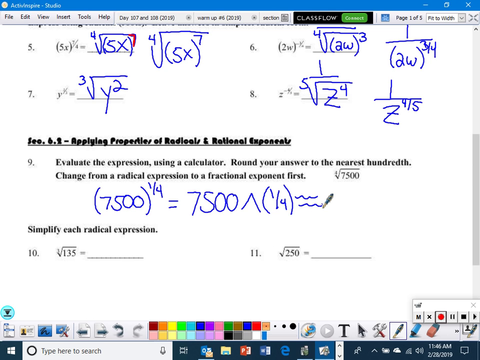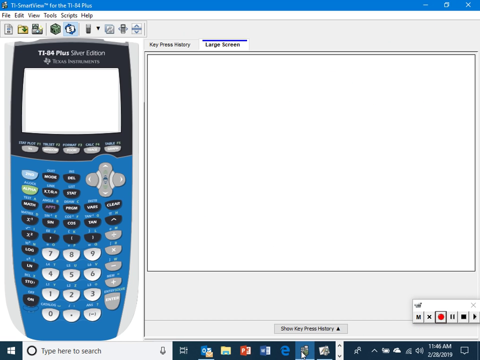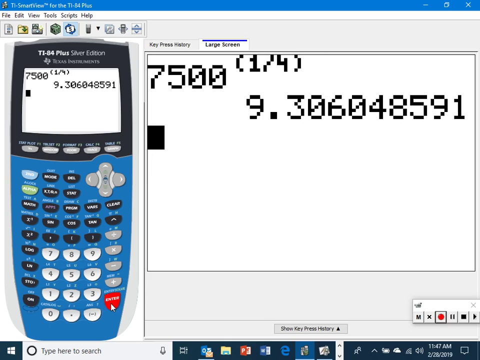So let's go to the calculator. 7,500 to the 1/4 power. Whoops. Let me do that again. Okay, 7,500 to the 1/4 power. So it's approximately 9.31.